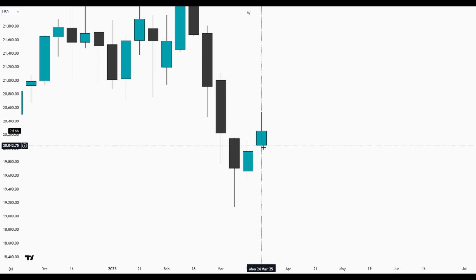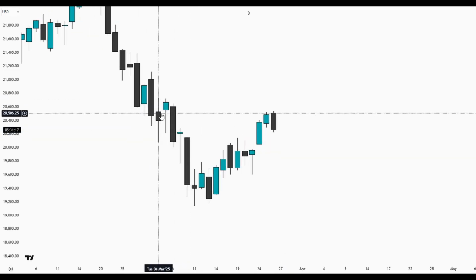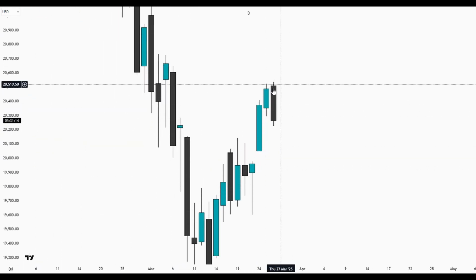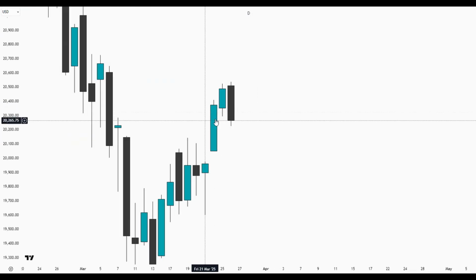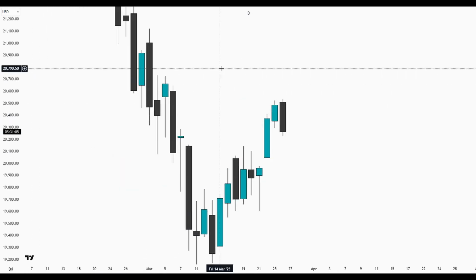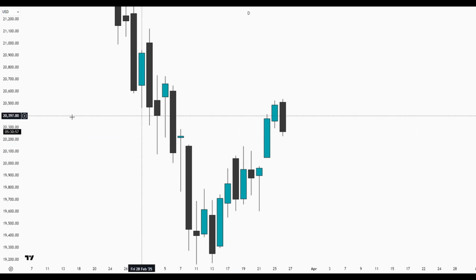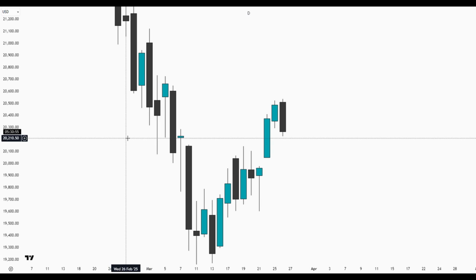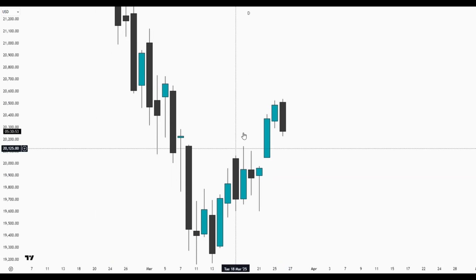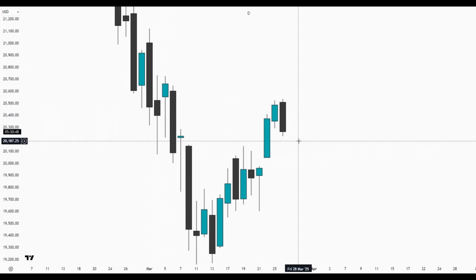So I'm going to look for reasons for that wick to be created. If price gave me reason to go higher today, I would have gone higher, of course. But I'm just going to look for reasons to confirm something I see regularly. So I want to go to the 4-hour and look at the weekly profile and see what's up with that and see if I can use some of those things that happened in the previous day to confirm what's going to happen today.